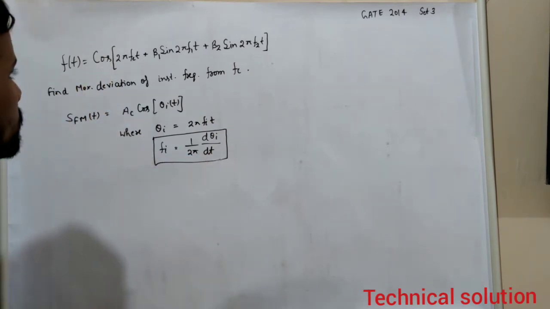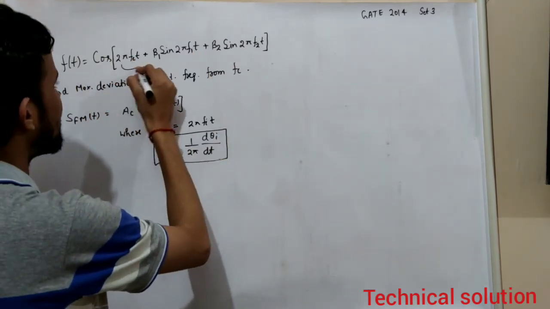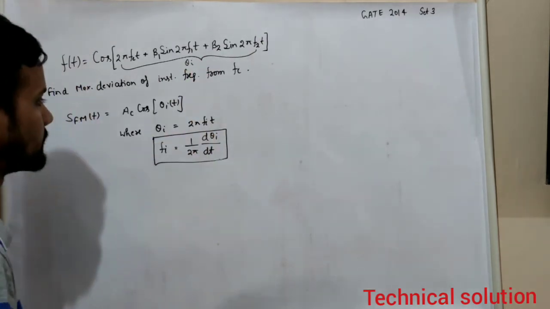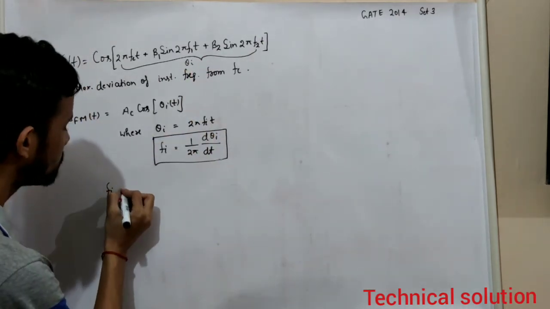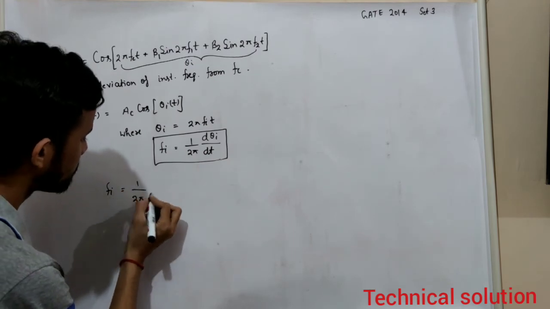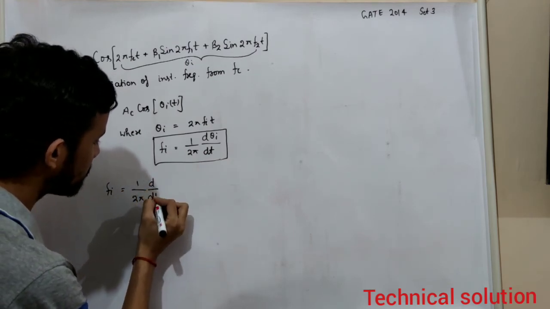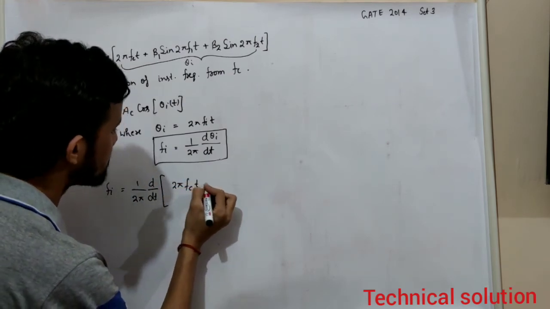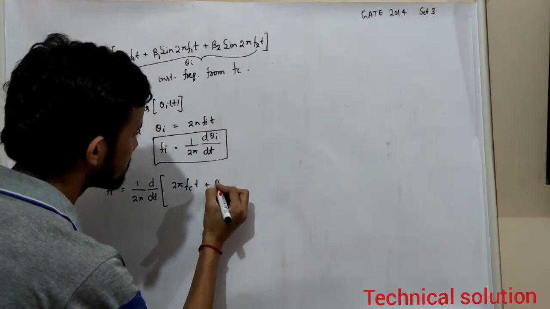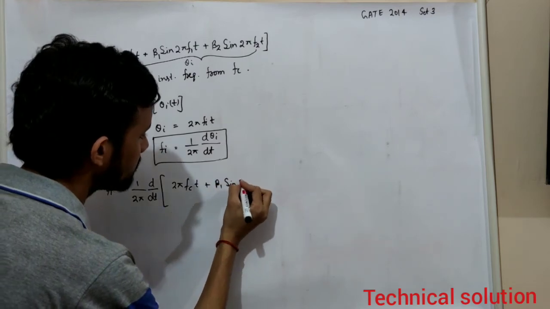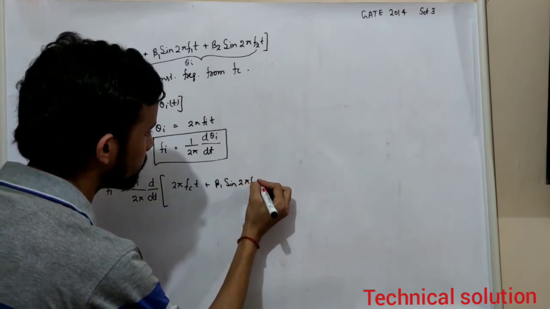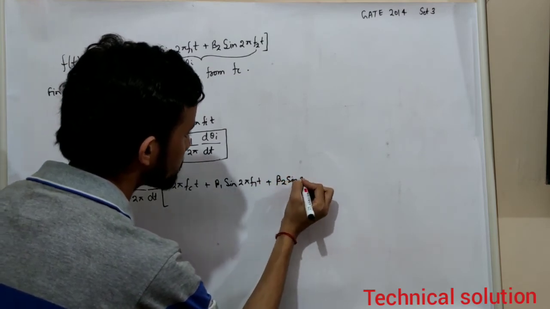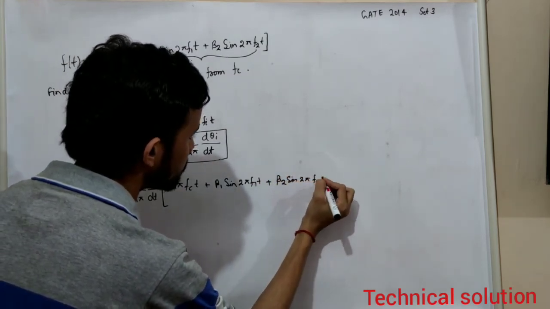Put this theta i in this equation, then we get fi equal to 1 upon 2 pi d by dt of (2 pi fc t plus beta 1 sin 2 pi f1 t plus beta 2 sin 2 pi f2 t).